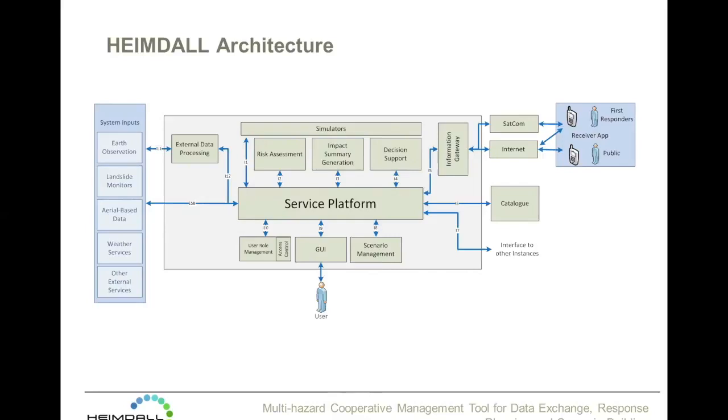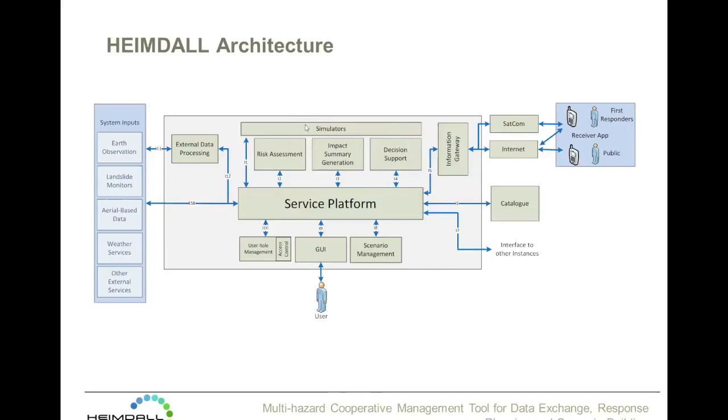On the left-hand side, we have the system inputs that have already been explained by my colleague. Here we just distinguish between data that is directly provided to the user via a graphical user interface, or a process module that, for example, provides products derived from satellite picture data, like burn scars identified by the system.